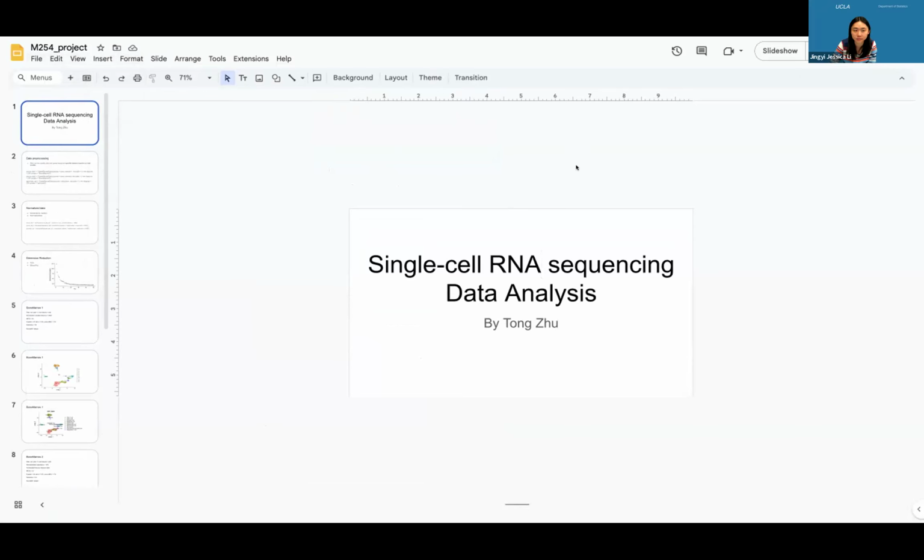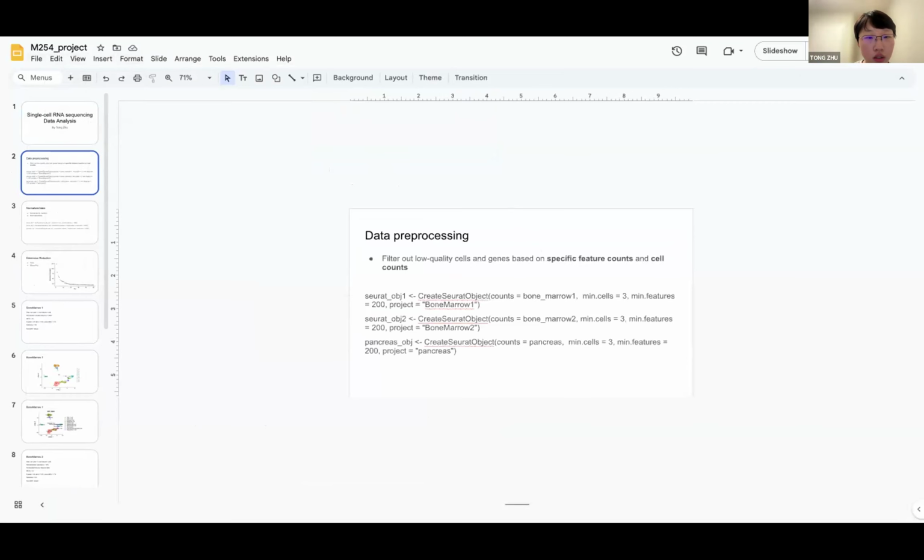Okay, yeah. So today I will present my project. It includes two parts. First is the data processing, and the second part I will show the results. First, I do the quality control by filtering out low quality cells and genes based on specific feature counts and cell counts for all three datasets.